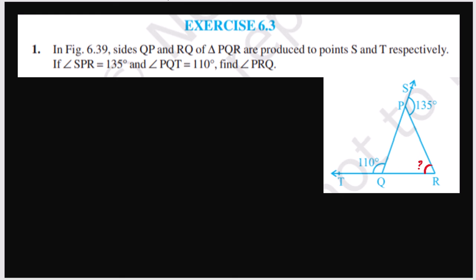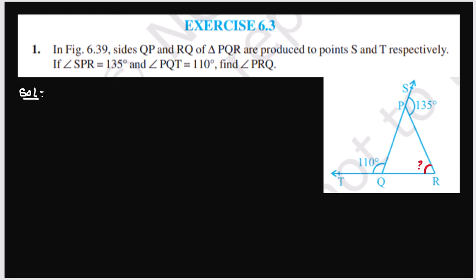PQR and PRQ form the pair of interior opposite angles, whose sum equals the exterior angle. So by using the exterior angle property, we can find angle PRQ. This is the method, children. First let us find angle PQR, so we can write the solution in this way.